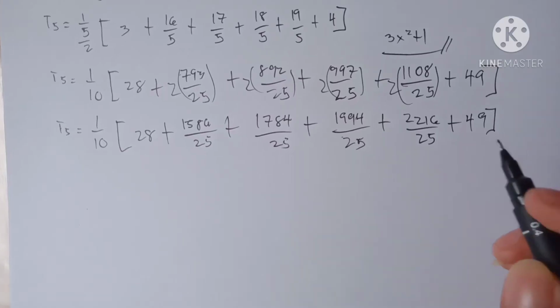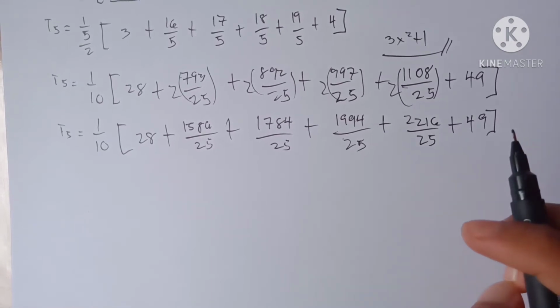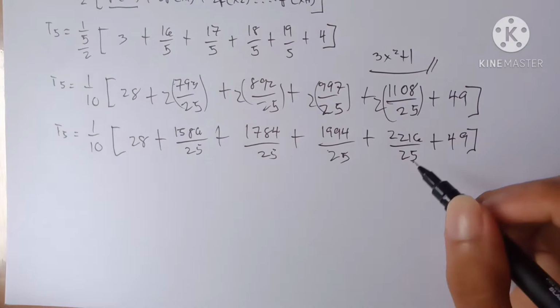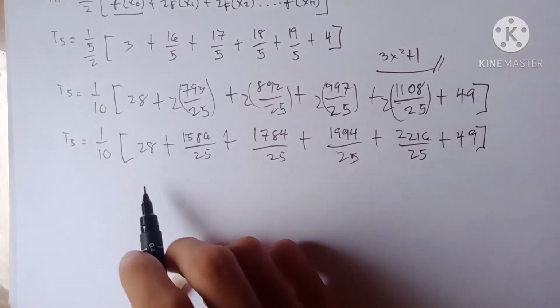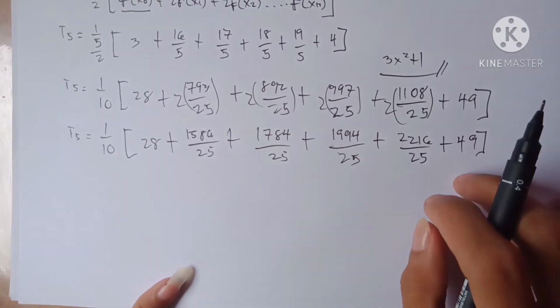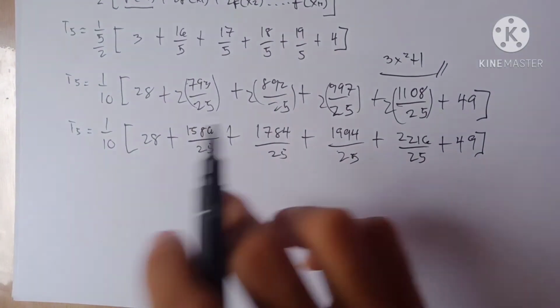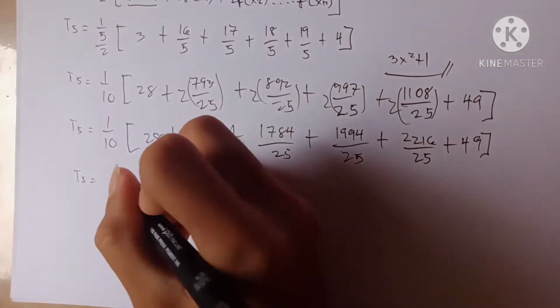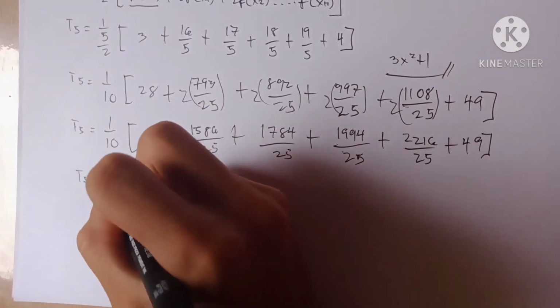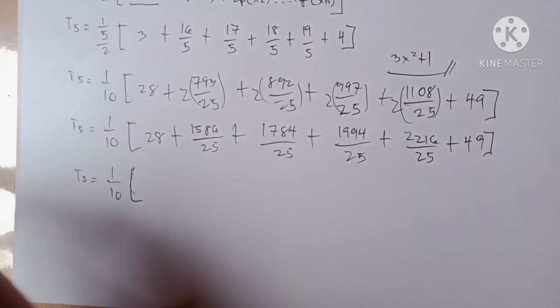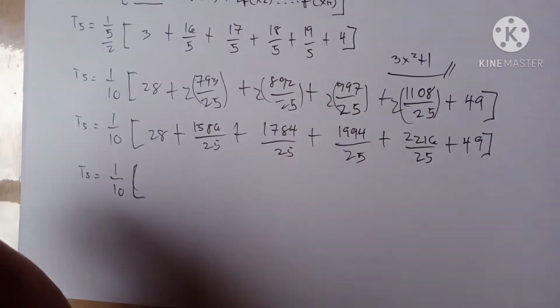Sunod, isa-sum up natin yung lahat ng nasa bracket. Then itong T of 5, then copy lang muna yung 1 over 10. Then ang ating value ay sum up this one.